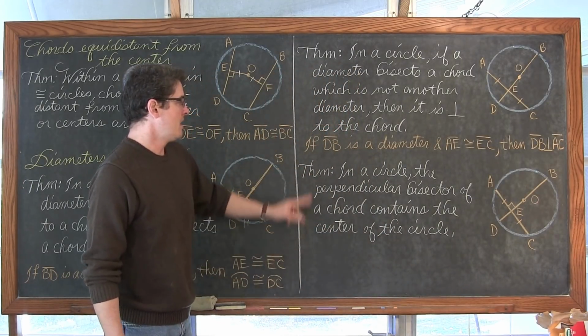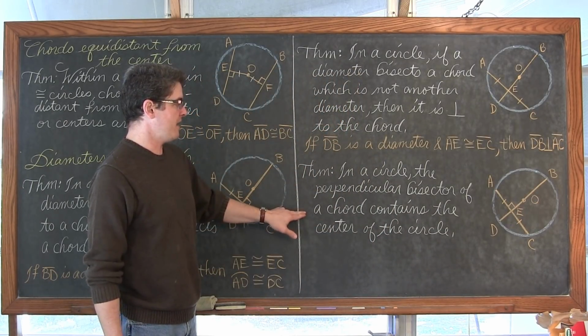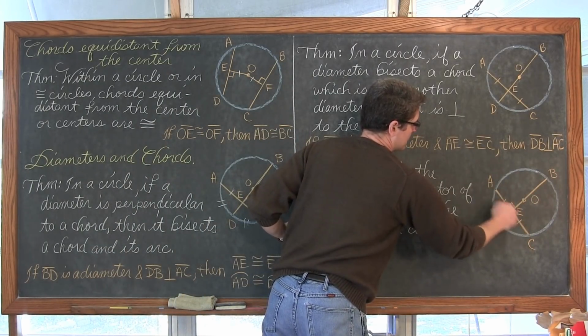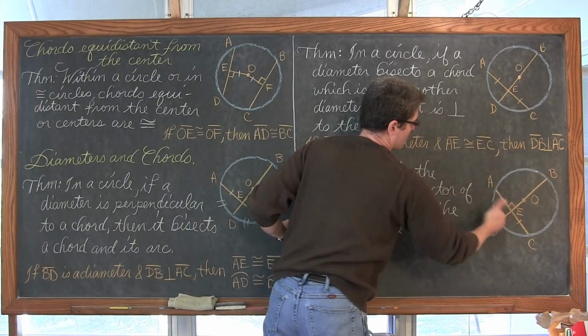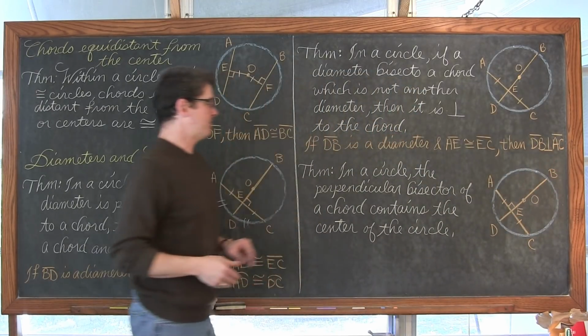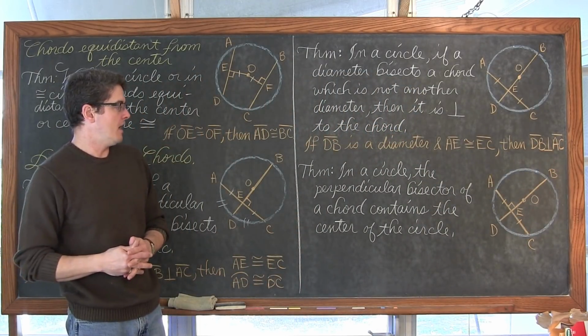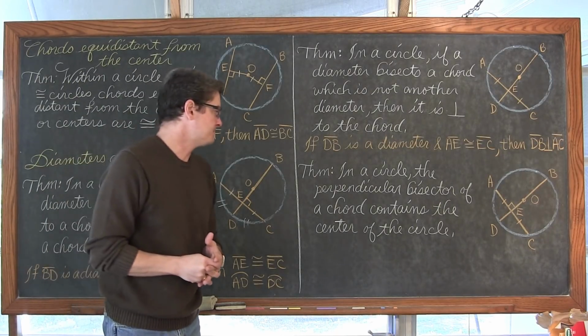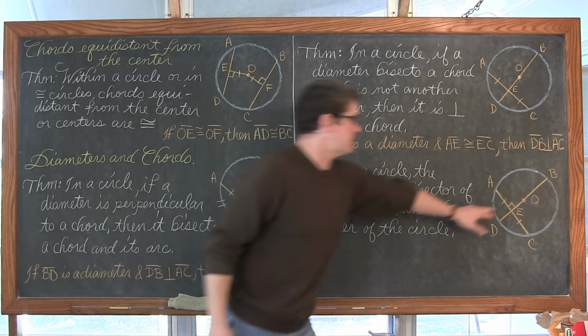Here's a chord and here is a perpendicular bisector of that chord AC. That other perpendicular bisector is not necessarily the diameter, but it will contain the center of our circle.